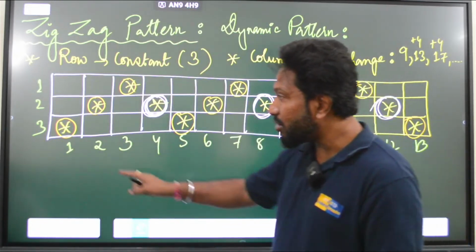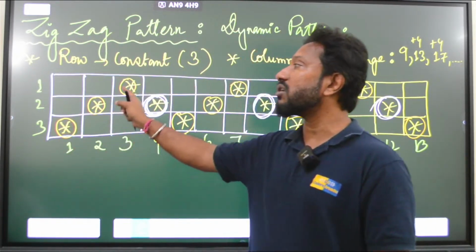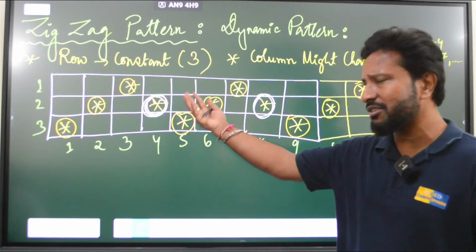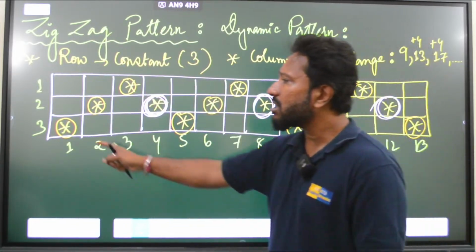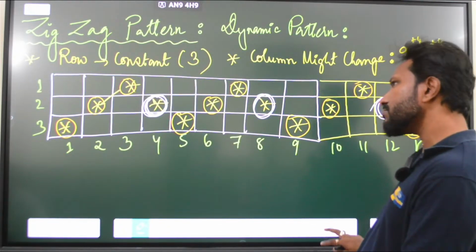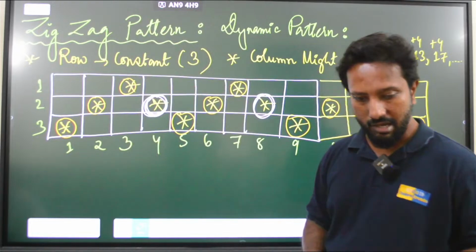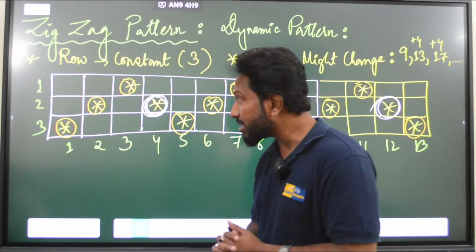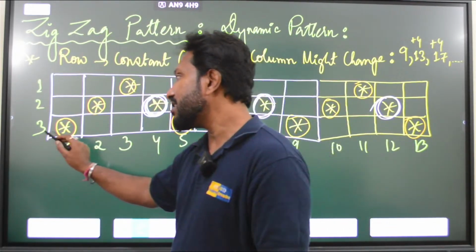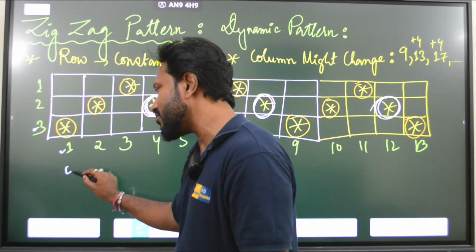So if you see all the stars or asterisks circled with orange or yellow color, whatever is visible on your screen, all these similar ones have one common property. The common property is something like this. Just see, 3 plus 1, add the row and the column, you will get 4.